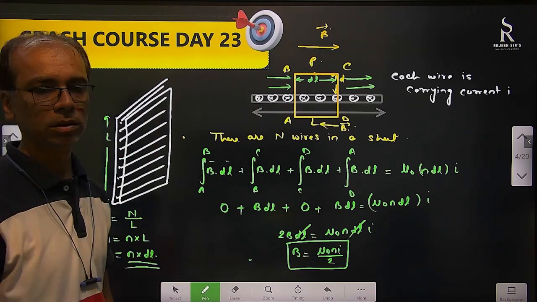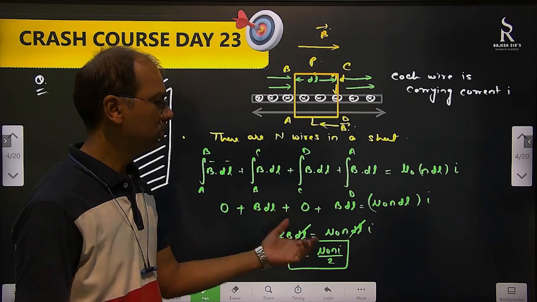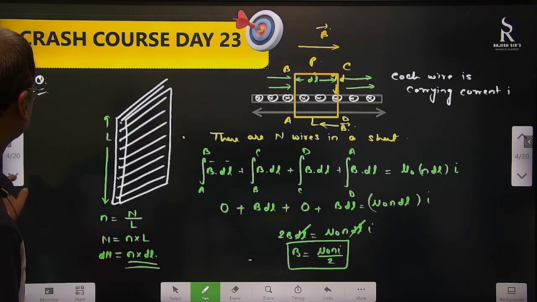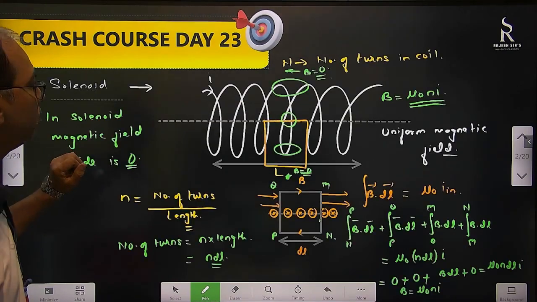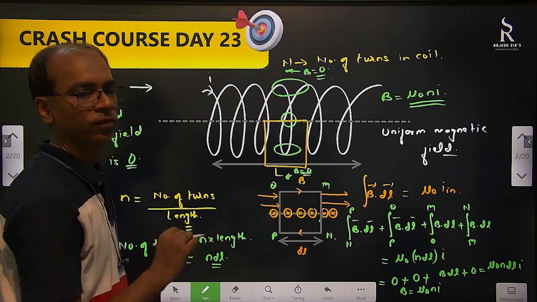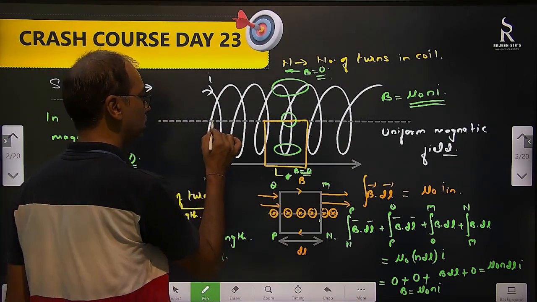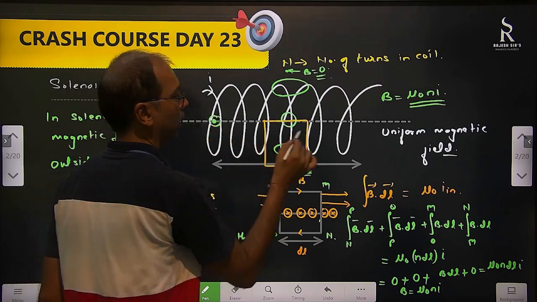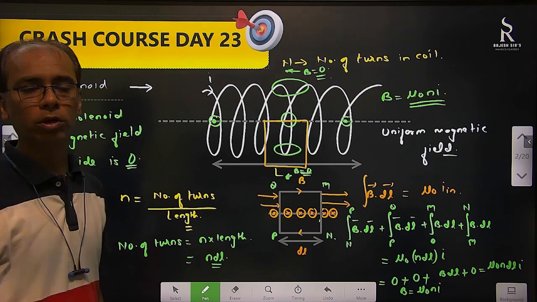Mu naught nI by 2. This is important. You should be able to use this Ampere's loop. One more thing about the solenoid: we said that the magnetic field throughout the axis of the solenoid is constant and uniform, and its value is mu naught nI. But here and here, the magnetic field is not mu naught nI.